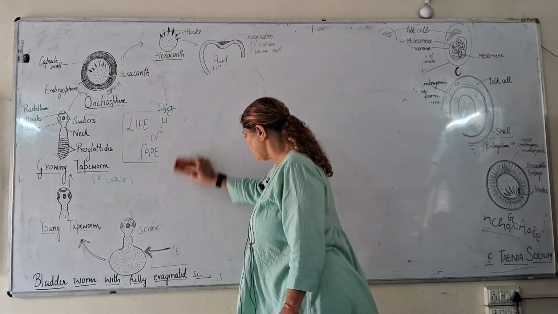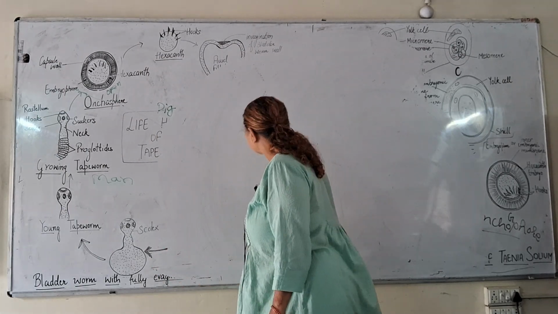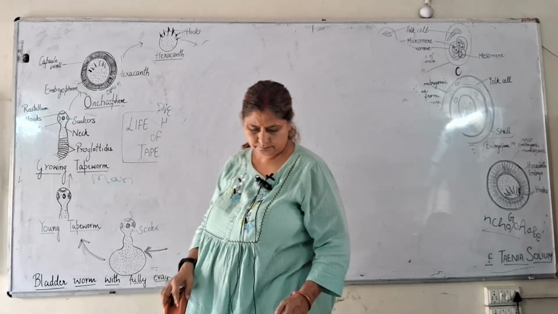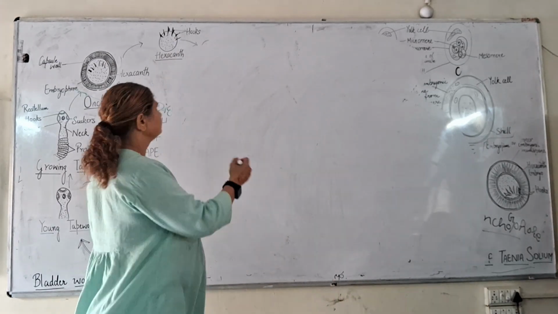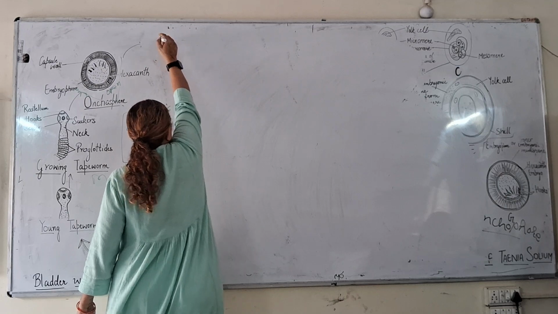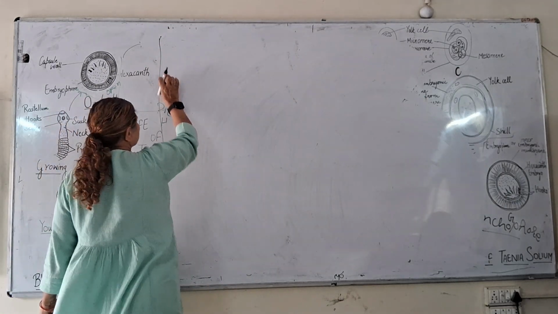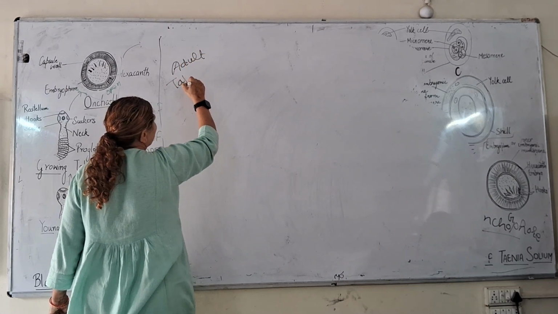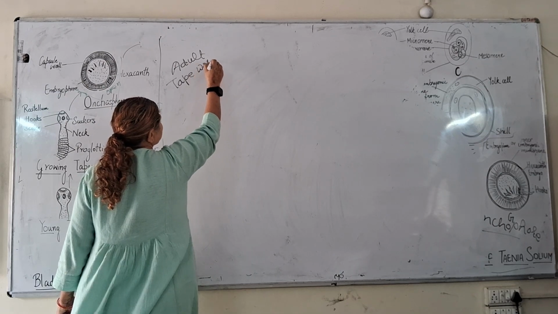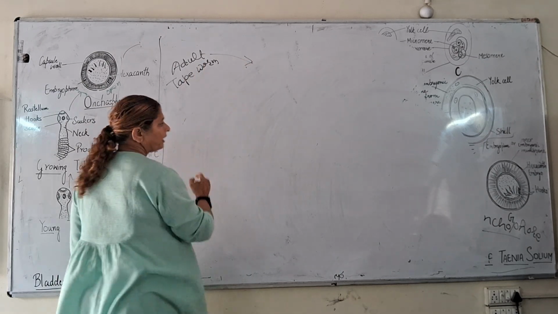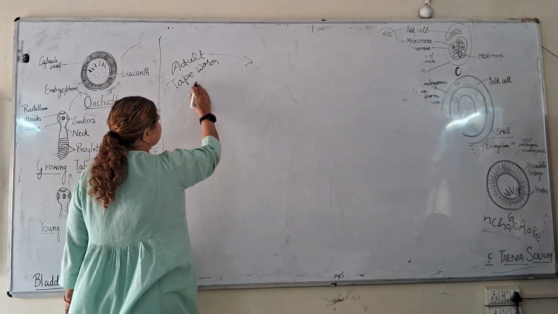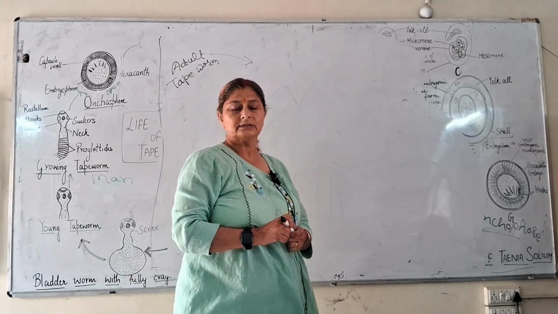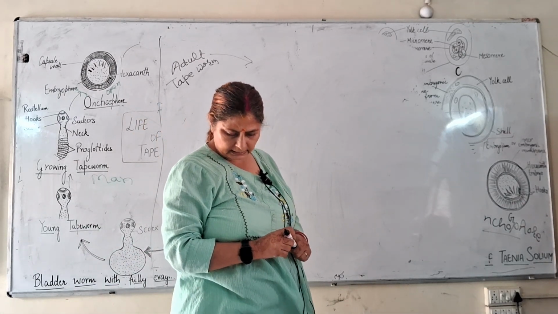Write adult, the first point is adult tapeworm or Taenia solium. In man, this cycle is in man. After that, there is fertilization.